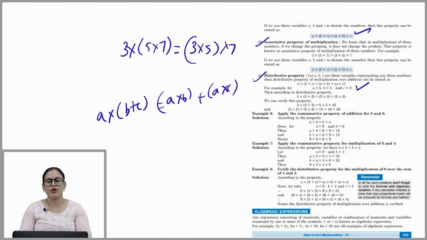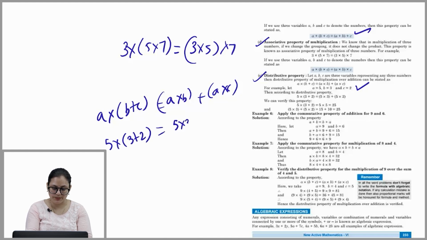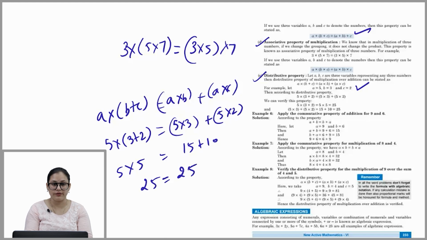Then according to this distributive property, 5 into (3 plus 2) is equal to 5 into 3 plus 5 into 2. 5 into 5 is equal to 15 plus 10. 25 is equal to 25.